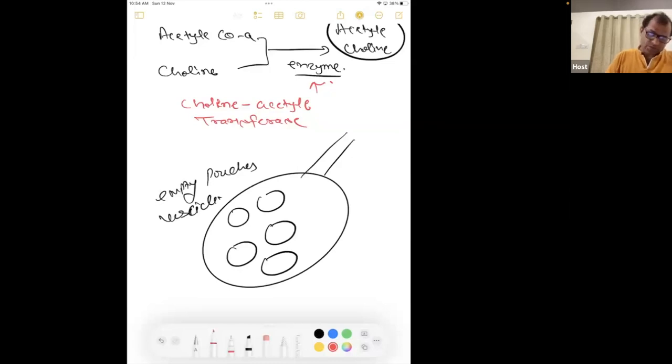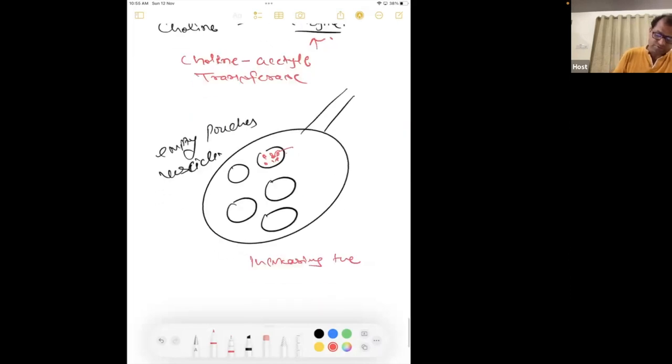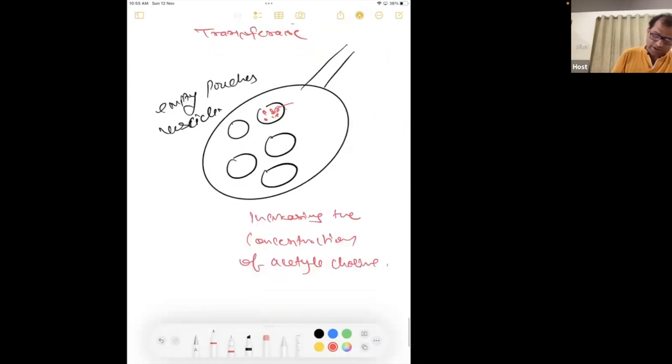Because of this enzyme, there is a formation of the acetylcholine, and it's coming inside and increasing the concentration of acetylcholine inside the vesicle, right?